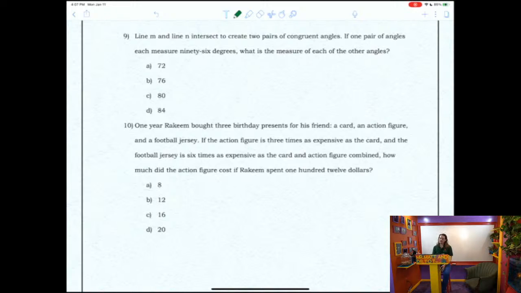And question 10, one year Rakeem bought 3 birthday presents for his friend, a card, an action figure, and a football jersey. If the action figure is 3 times as expensive as the card, and the football jersey is 6 times as expensive as the card and action figure combined, how much did the action figure cost if Rakeem spent $112? So I'll give you 6 minutes, and after 2 minutes, I'll start to solve.